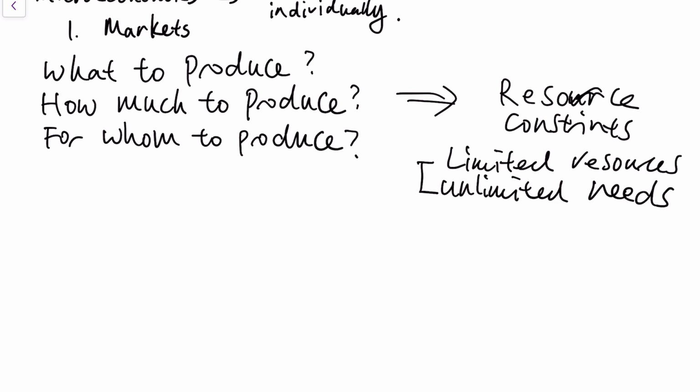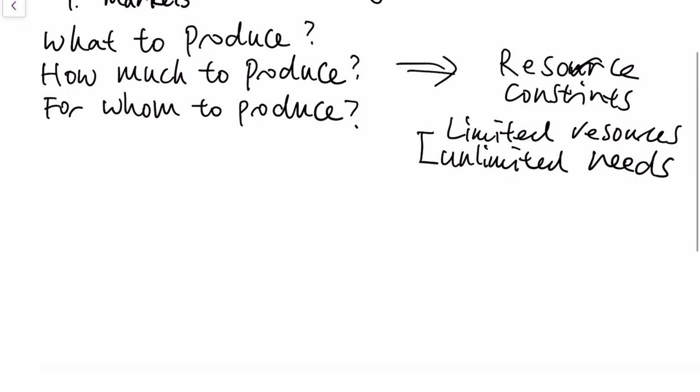So that's how we make this choice of what to produce, how much to produce, for whom to produce: based on very limited resources, we use the market to find people who are most willing to pay, and the resources would be directed to them.